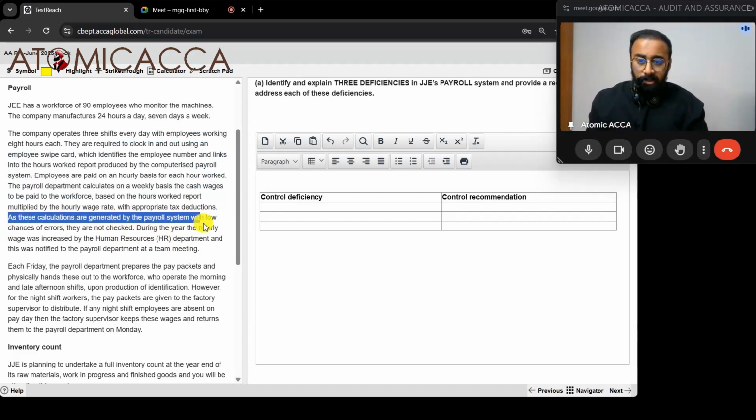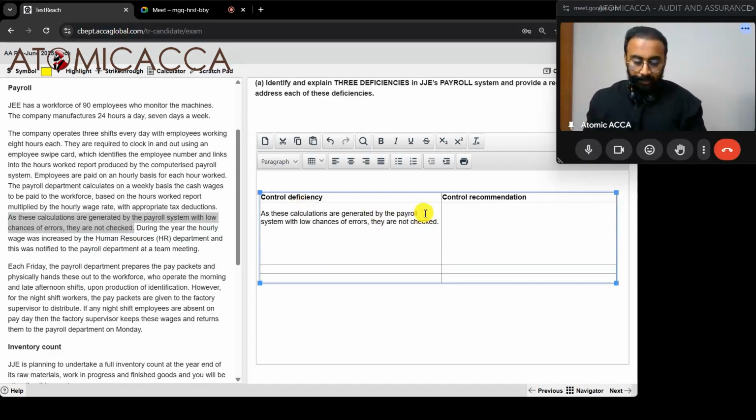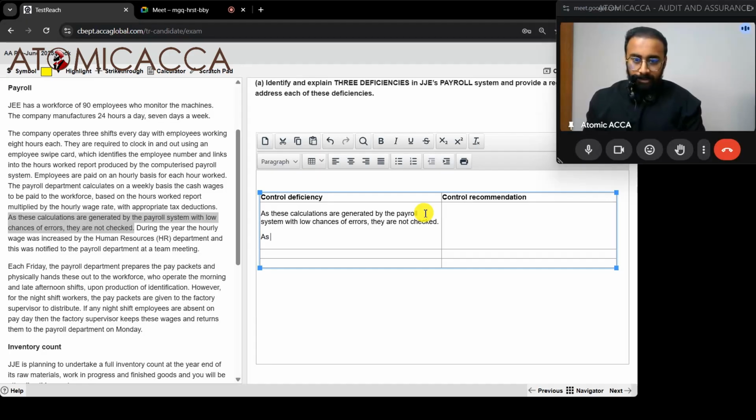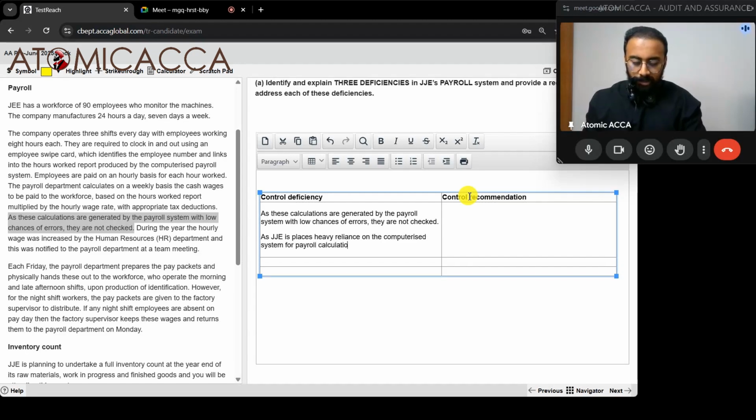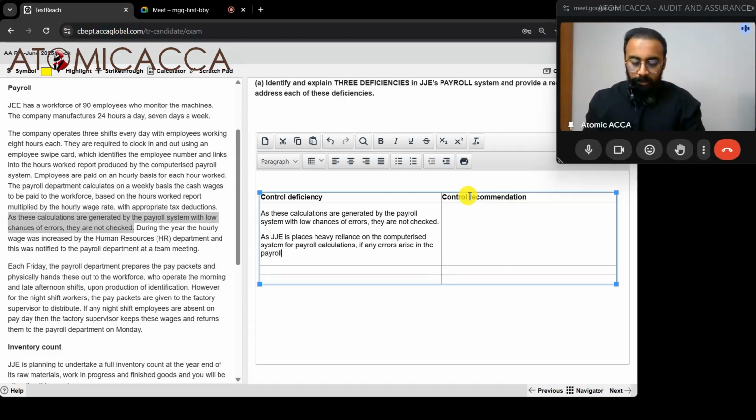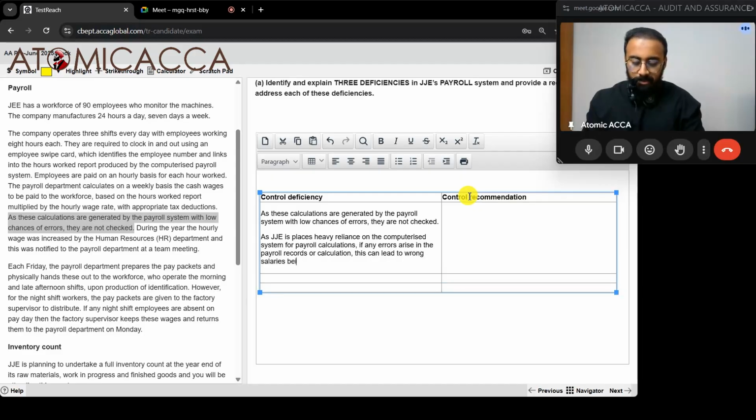First one, as these calculations are generated by payroll system with low chances of error, they are not checked. As JJE places heavy reliance on the computerized system for payroll calculations, if any errors arise in the payroll records or calculation, this can lead to wrong salaries being paid to employees.